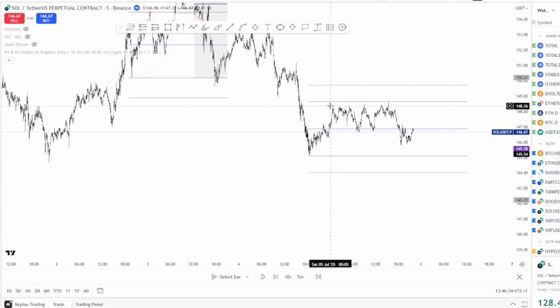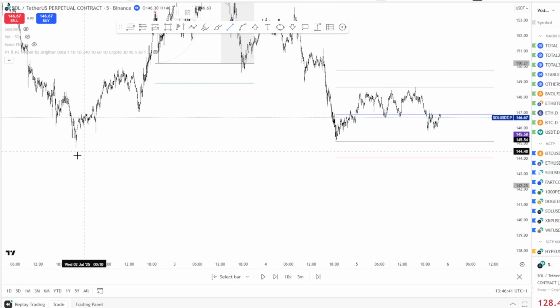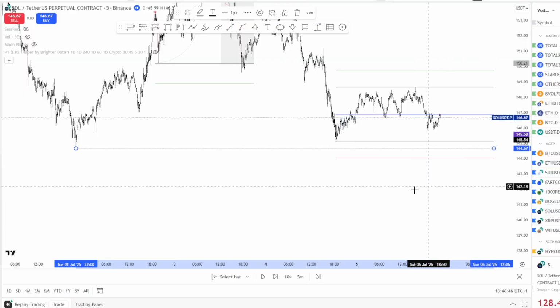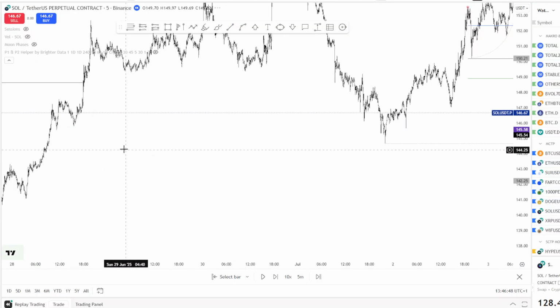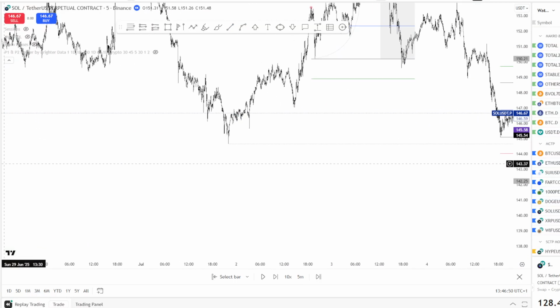Even though, yeah, we got a little distribution model on the high here, and we have a liquidity level here. So yeah, nothing special.